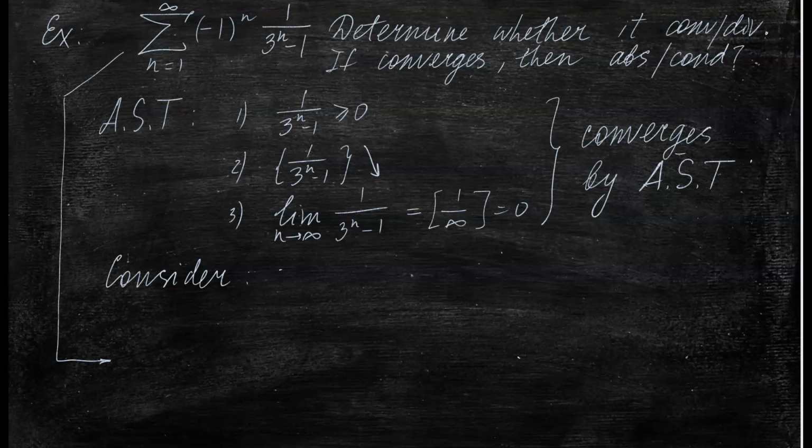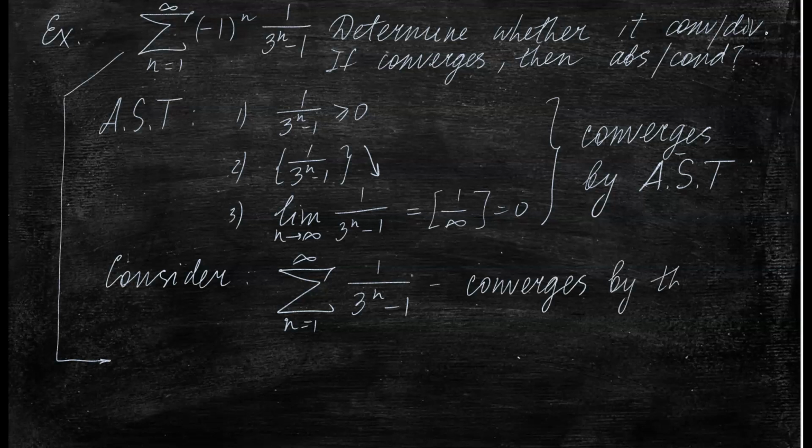And for that we have to consider the series obtained by dropping the alternating factor, and this series converges. How so? Well, it converges by the limit comparison test that we learned earlier.